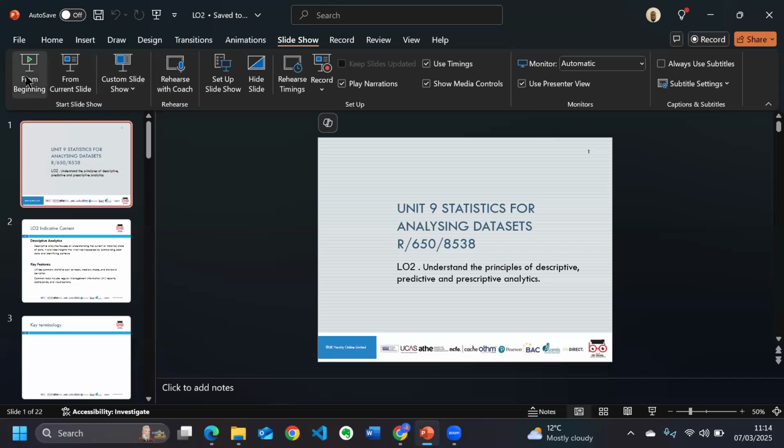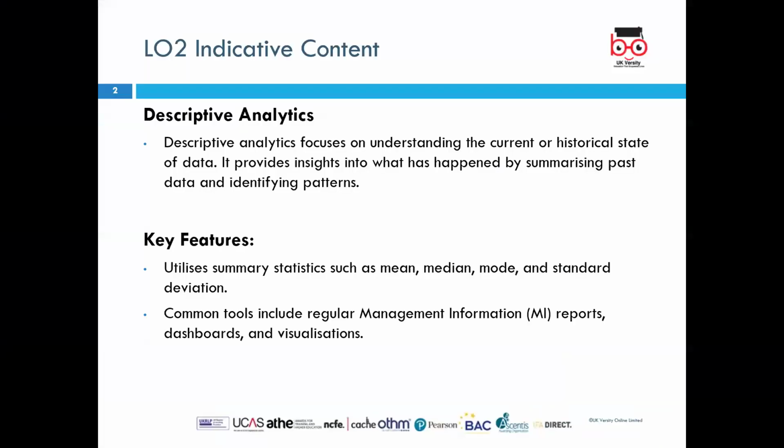So let's get into our presentation. From our indicative content, we're going to look into descriptive analysis, which focuses on understanding the current or historical state of data. This provides insight into what happened by summarizing past data and identifying patterns.